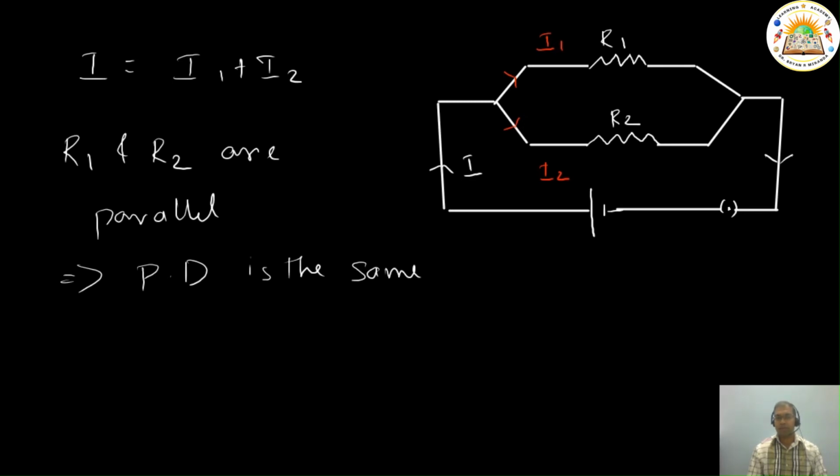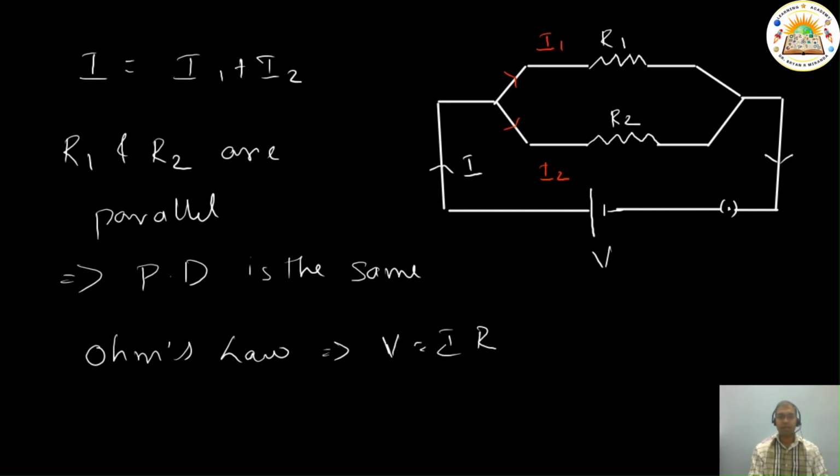This is something that we've just seen. So if this is V, the potential difference in between R1 and R2, this length will have the same potential difference V. R2 will also have the same potential difference V. Ohm's law is V is equal to I times R.